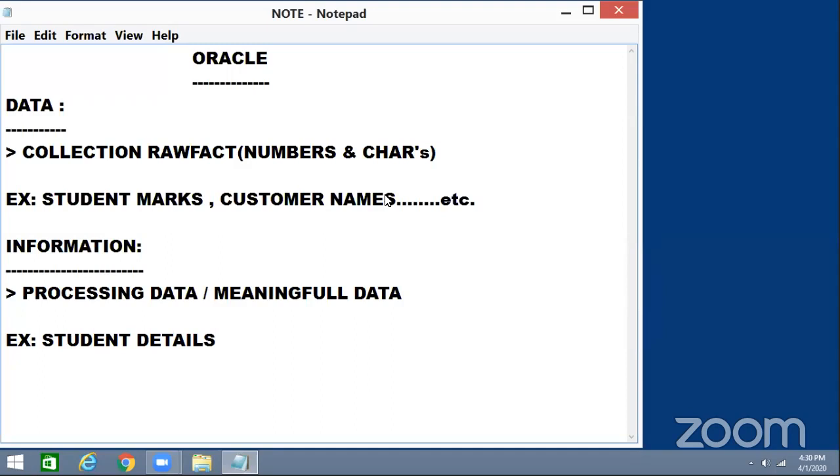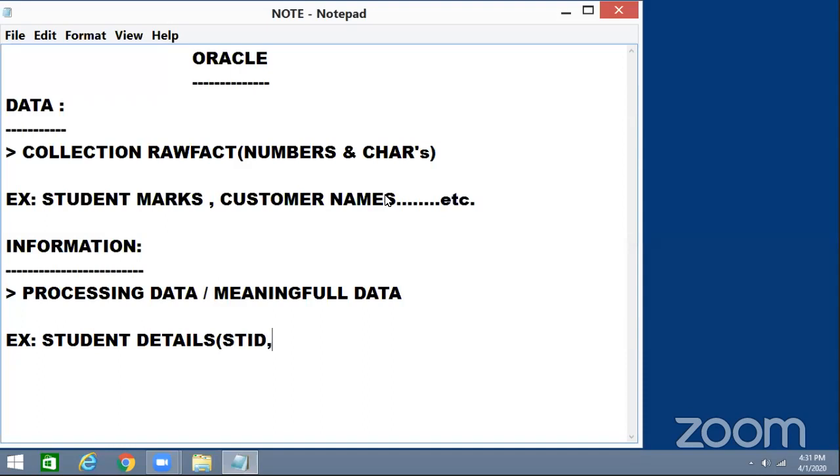So student details, what will come here?